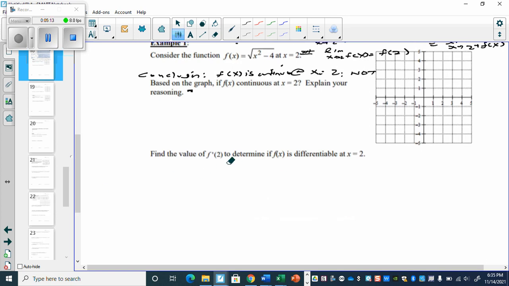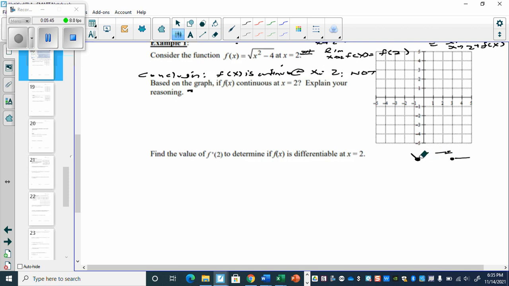Just find the value of f prime of 2 to determine if f of x is differentiable at x equals 2. So just keep in mind shortcuts to this to make sure that you're on the right track. If the function is at a point like this, where the two sides are different, there's some kind of corner, or there's a break in the graph, or what's the last one?